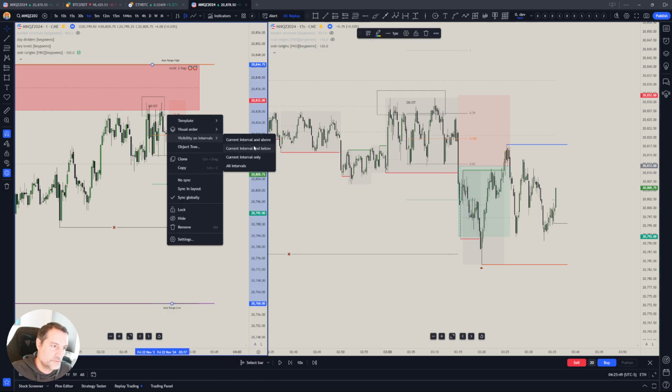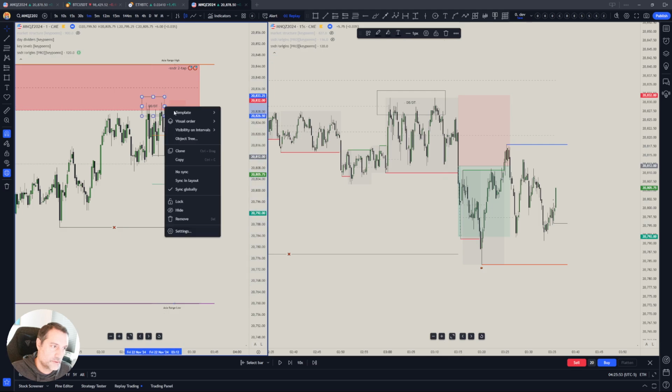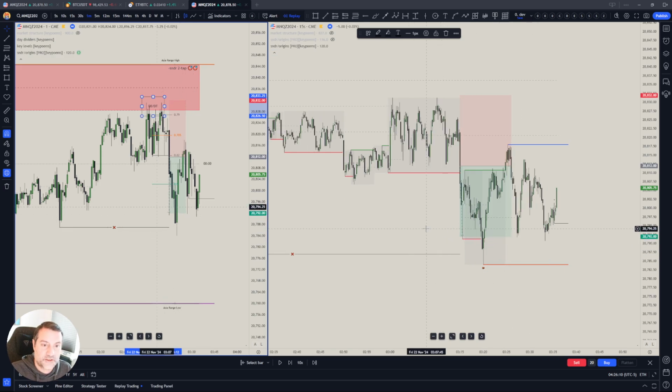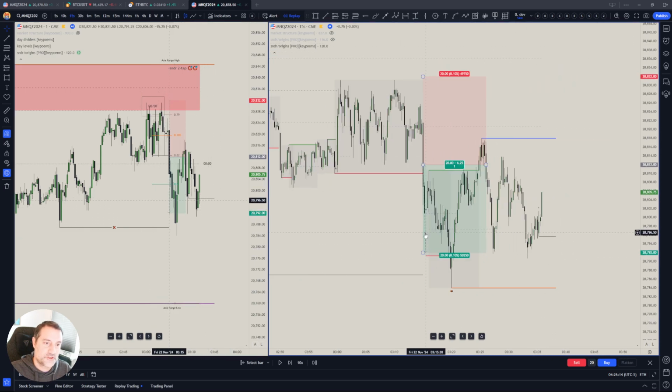I want to show this only in current interval. Current interval only. Okay. So let's see what's happening. So now we're in the 15 seconds, and we're looking at the immediate market structure, without having to zoom too much out.